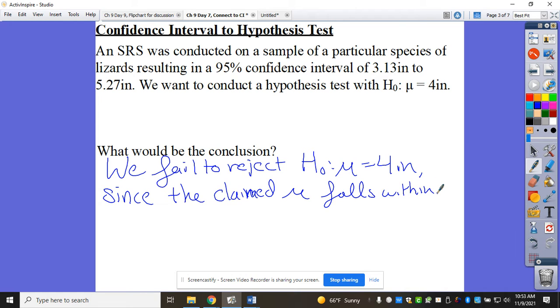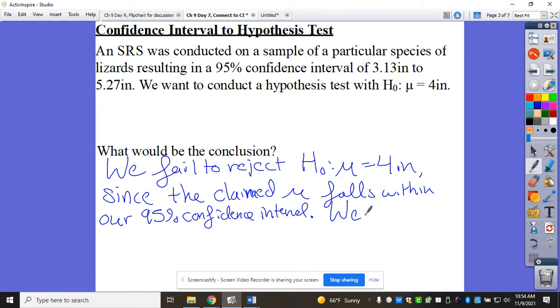Since the claimed mu value falls within our 95% confidence interval. Because all I had to go off of was an interval instead of a p-value, that's what I'm plugging in there. What does my second sentence start with?